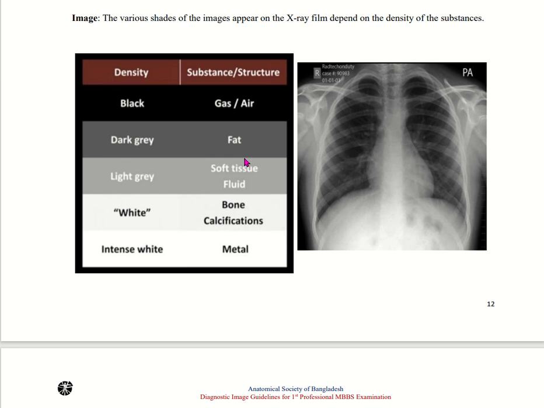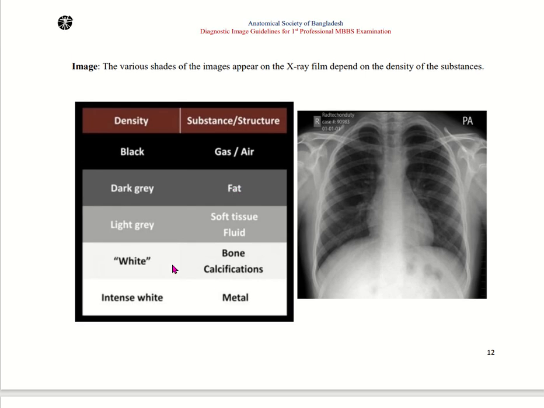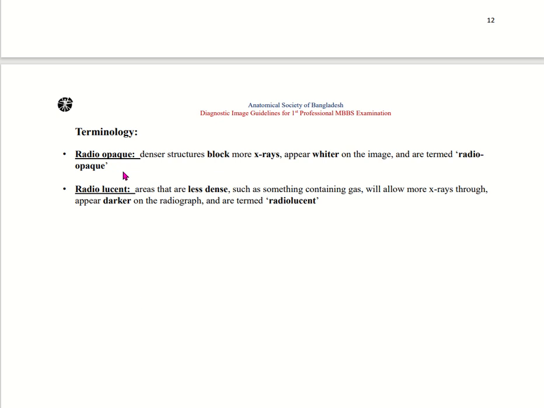So this is the X-ray, from black to white. You have to use these two terminologies to describe plain X-ray: radio-opaque and radiolucent. Radio-opaque means white, and radiolucent means less dense, darker on the radiograph.